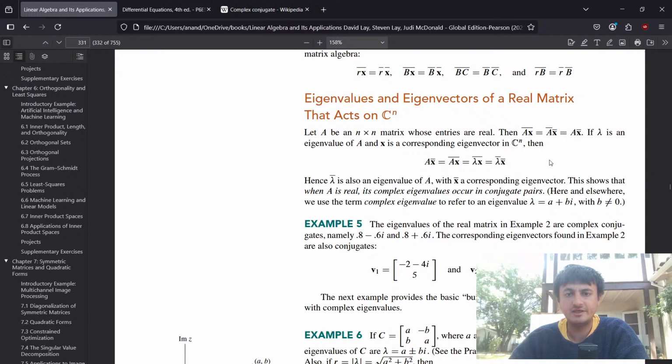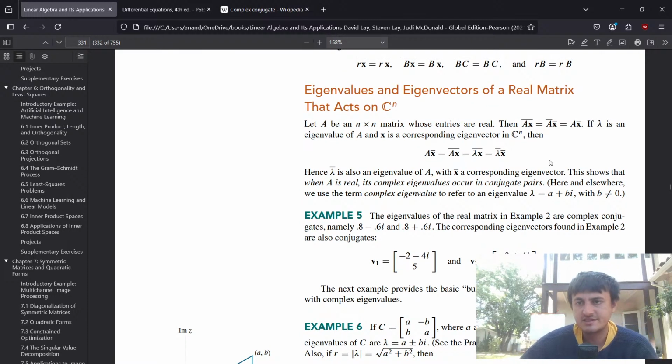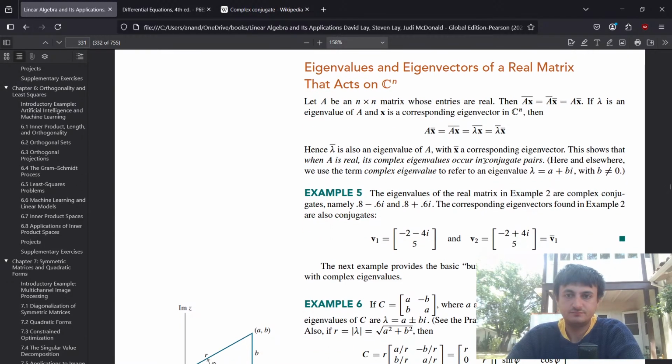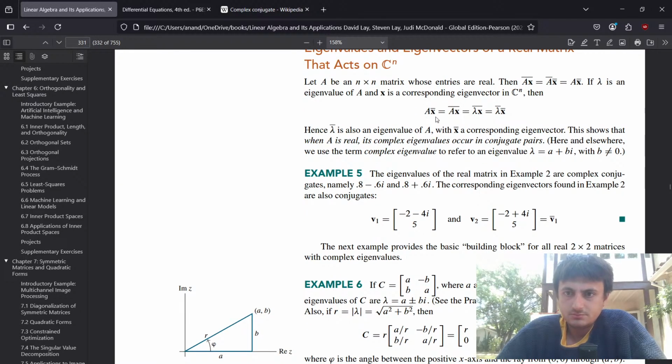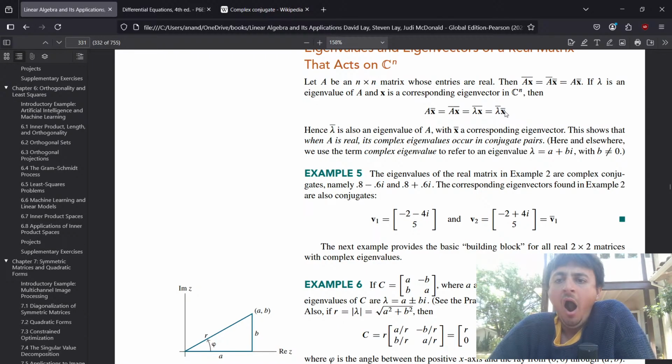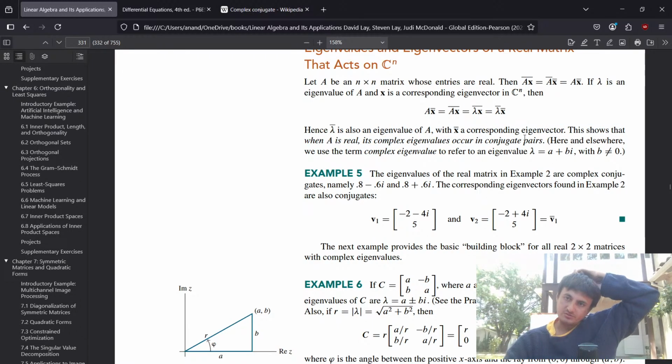If lambda is an eigenvalue of A and x is a corresponding eigenvector in Cn, then the complex conjugate of lambda is also an eigenvalue with x bar a corresponding eigenvector.